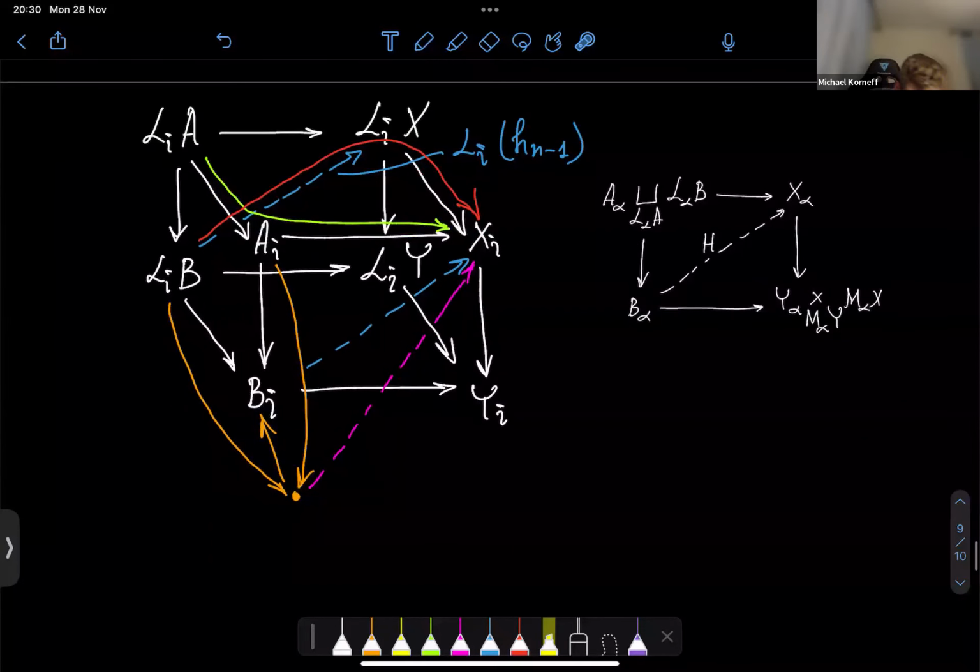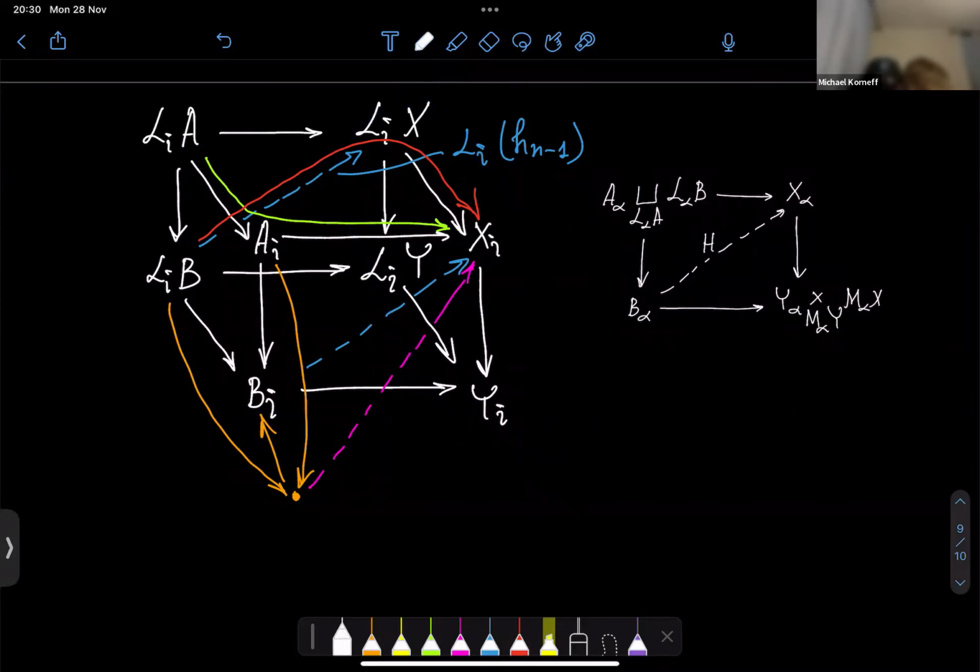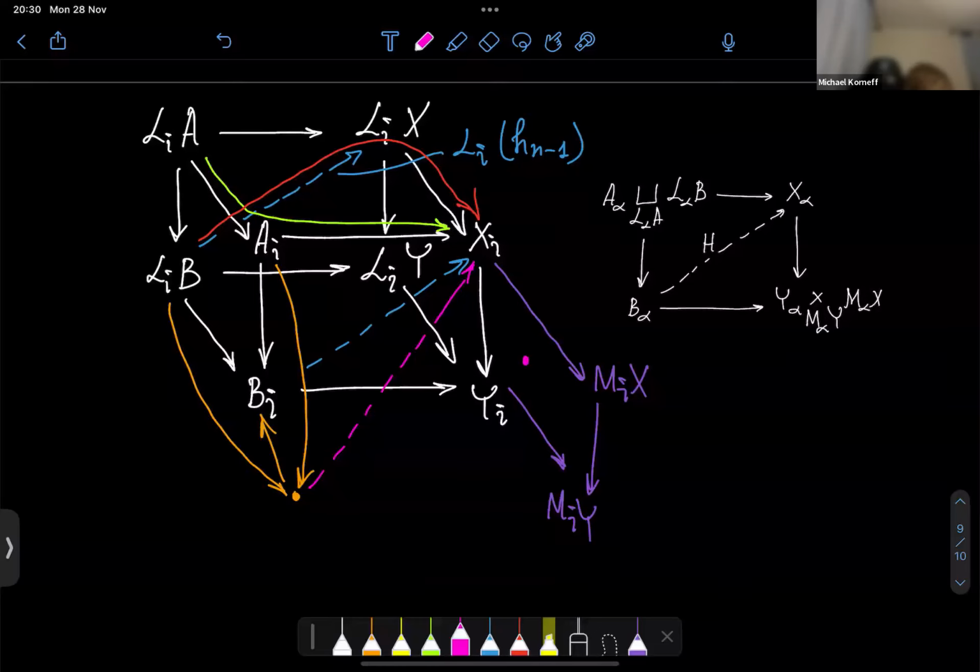We can form the pullback in this facet diagram, say something like this, and the pullback is here.